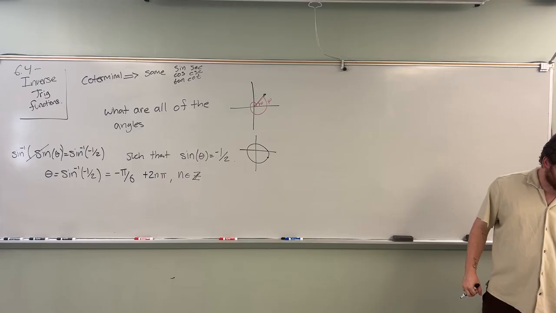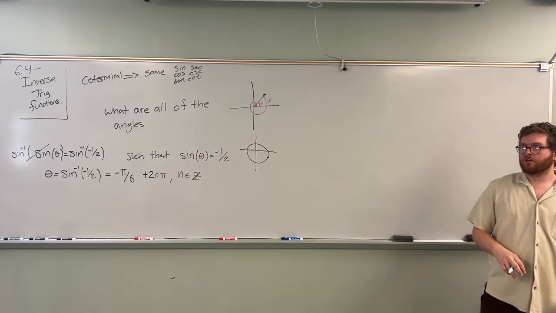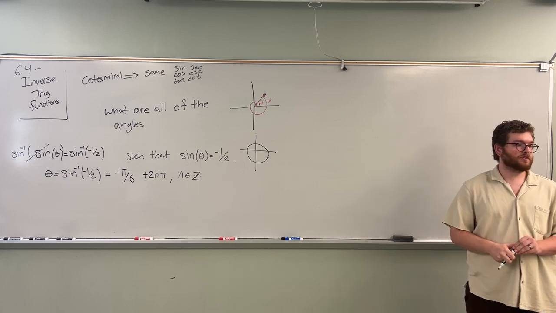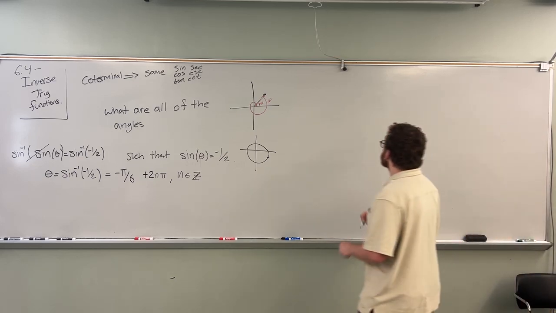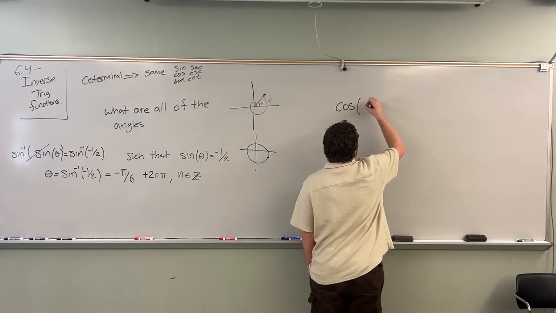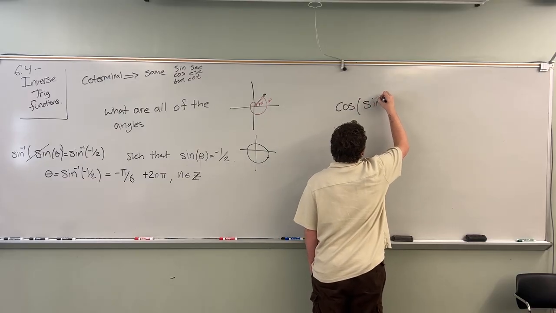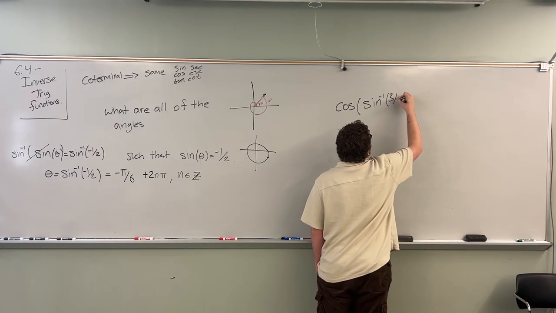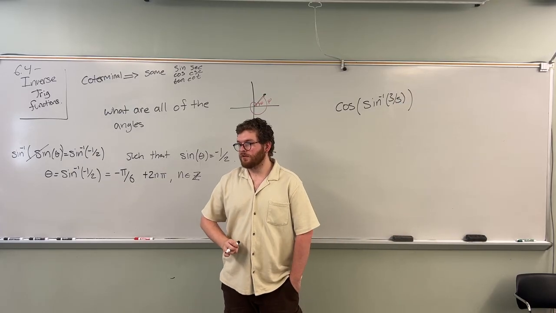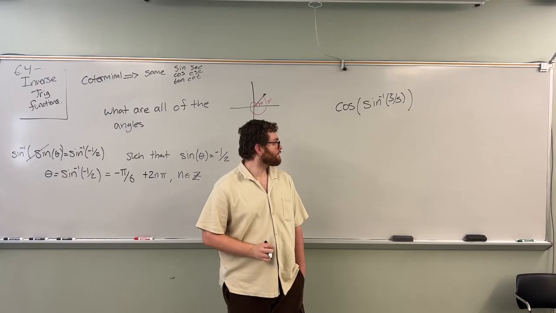So I could also compose regular trig functions and inverse trig functions together so that they don't cancel out. For example, if I were to ask you to find the cosine of the arc sine, or the inverse sine, of 3/5. This is a two-step process, but you can do all of this on your calculator.